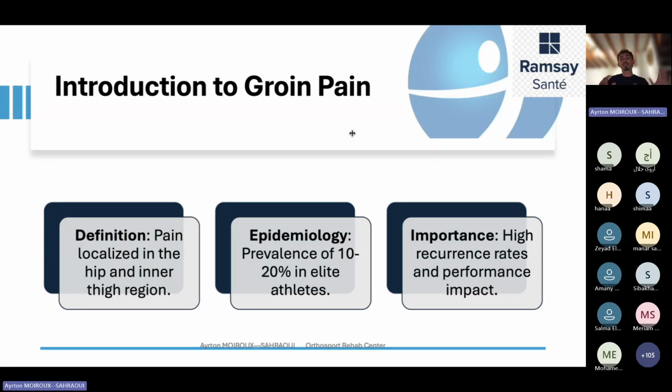So, first of all, by doing a good job in the first place. If you do a good job with the first groin pain, or any injury, if the first rehab is good and you focus on the good things, you always have a better chance for your patients to not have any injuries after that.